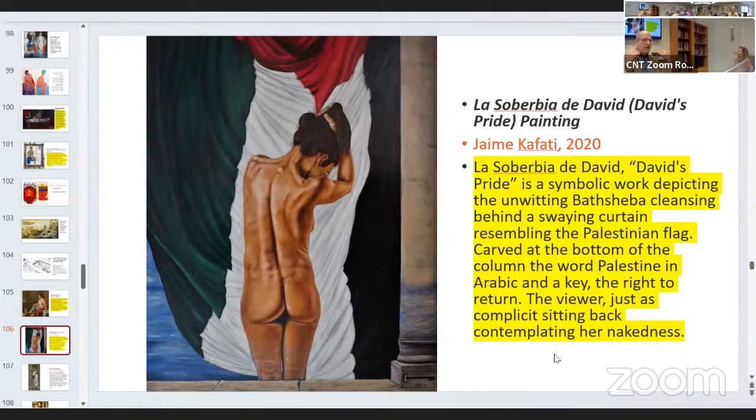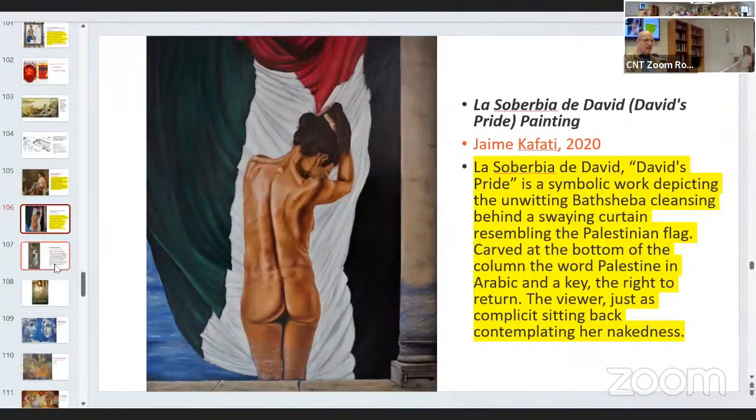So we're like, in his eyes, the viewers are sort of like David and are allowing this to happen. And you see the body of Bathsheba is really beaten up, and obviously we understand what the artist is trying to tell us.